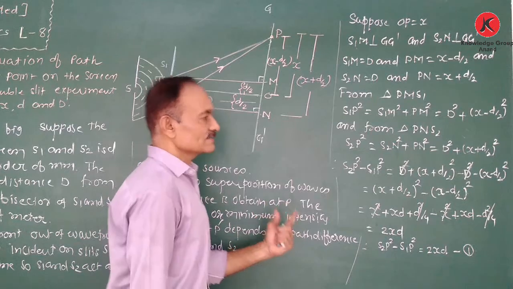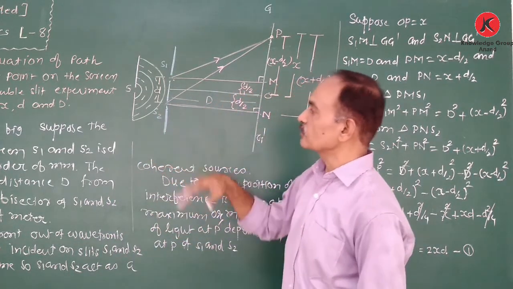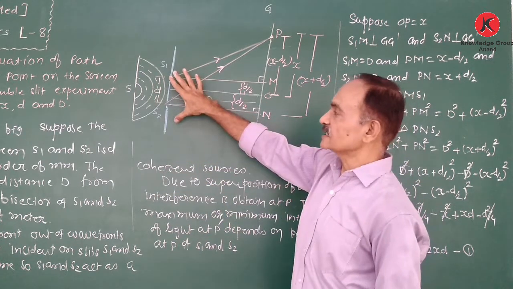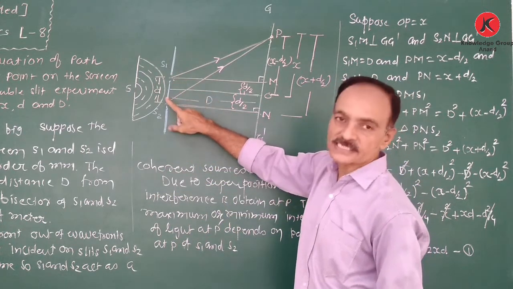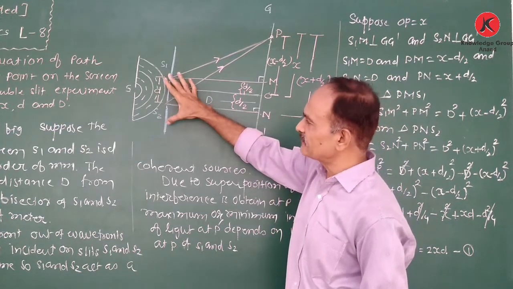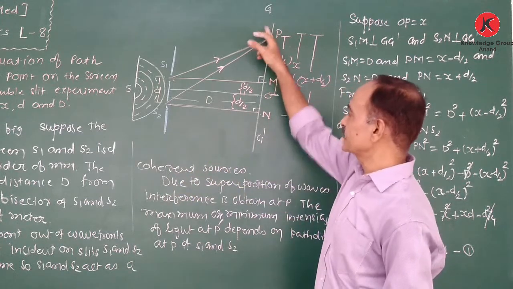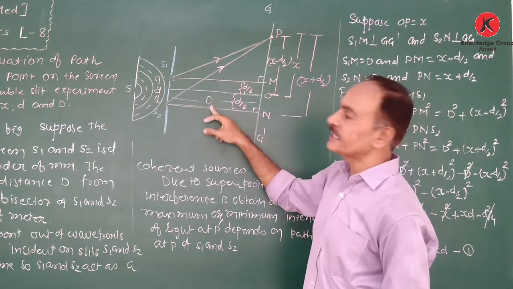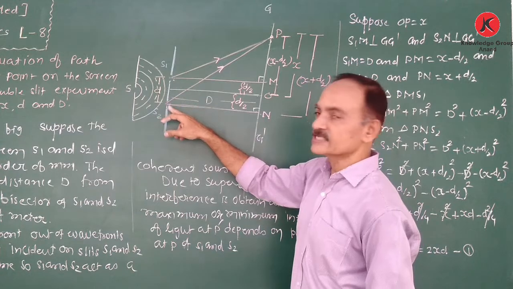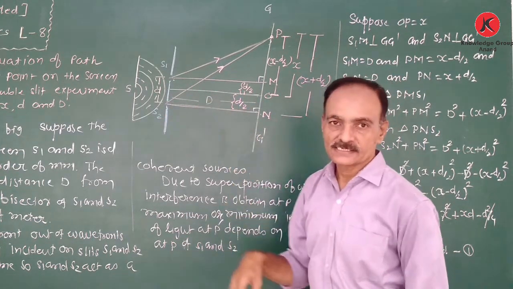Okay, up to this we again revise. First, what is the description of the figure? What is shown in the figure? The distance between the two slits S1 and S2 is d, that is of the order of millimeter, meaning S1 and S2 are very close. Now the screen GG dash is at distance D from the slits S1 and S2, and also from the perpendicular bisector.